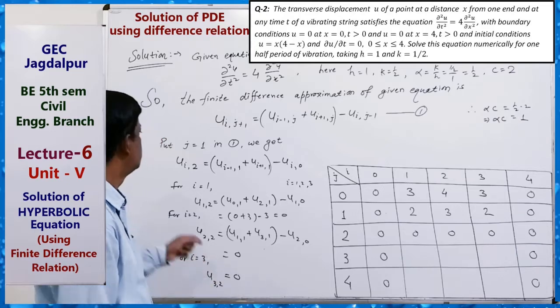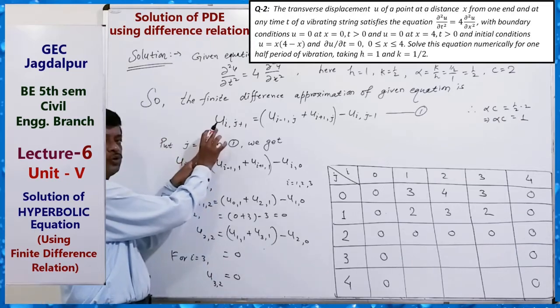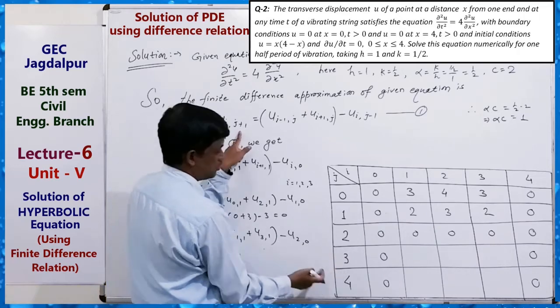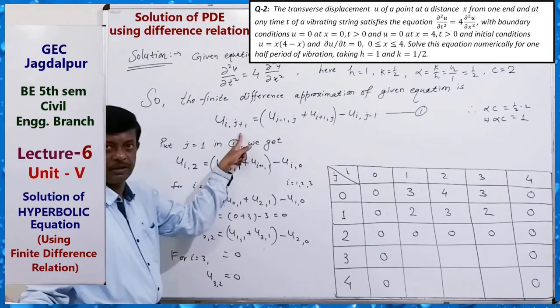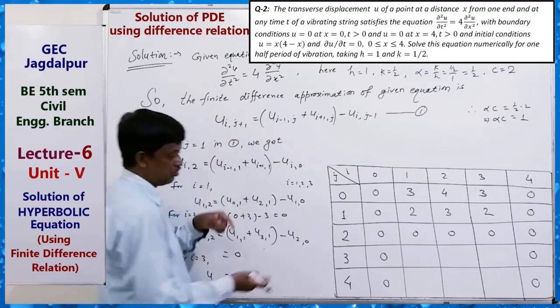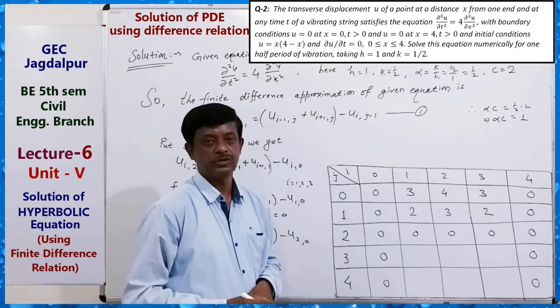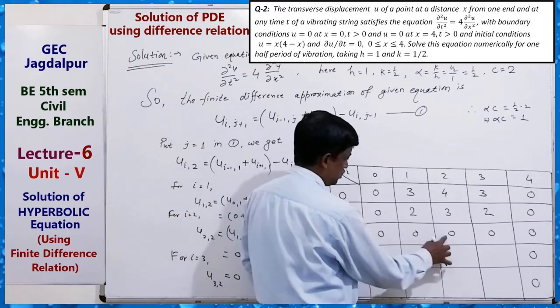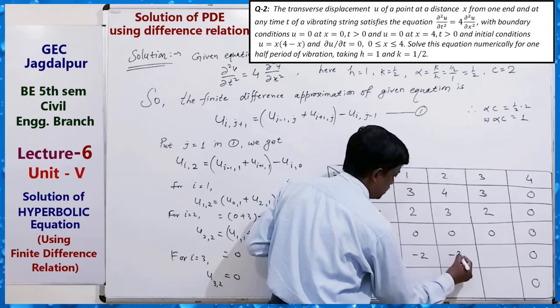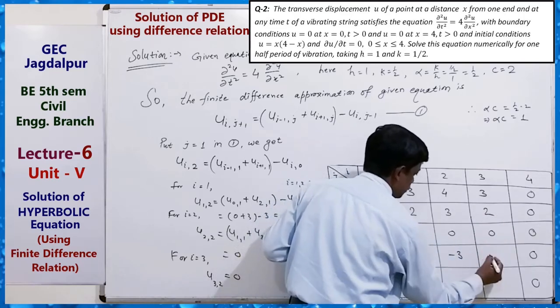Similarly, now put j equals 2 here, then you can get the third level values. And also j equals 3, and here 4, so you can get the fourth level values also. So here 0 plus 0 minus 2, so minus 2. 0 plus 0 minus 3, minus 3. 0 plus 0 minus 2, minus 2.